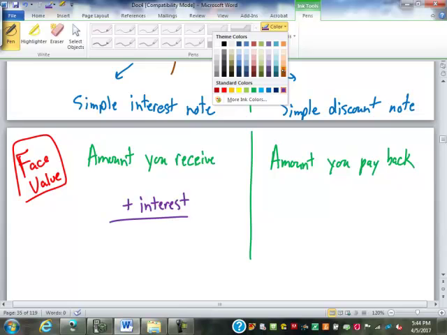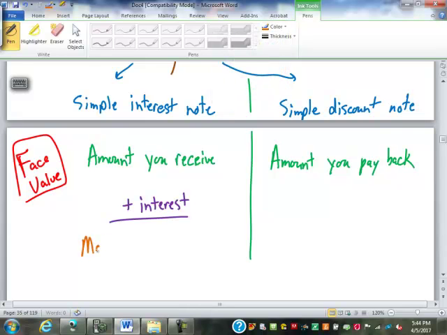And that's going to give you that maturity value, which is the amount you pay back. In a simple discount note, we're going to subtract from the amount you're going to pay back something called the discount, which is just the interest.